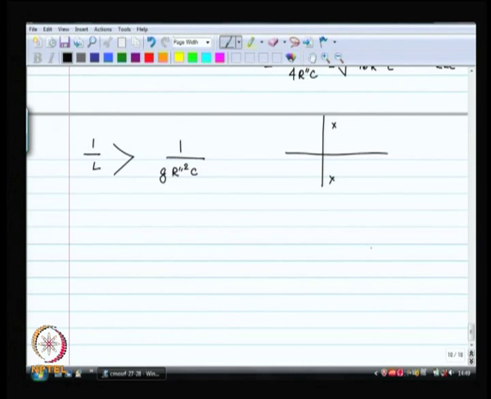All right. So, if R double prime is okay.